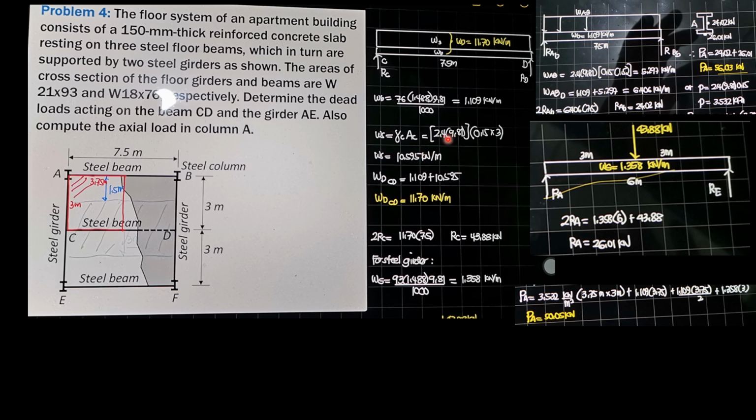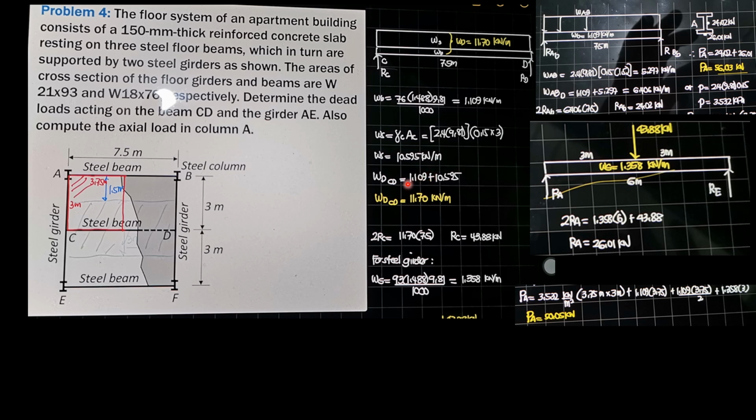The specific weight of concrete is 2.4, the specific gravity, times the specific weight of water, 9.81. So that is 23.56 kilonewtons per cubic meter times the cross-sectional area. So you will get 10.595 kilonewtons per meter.